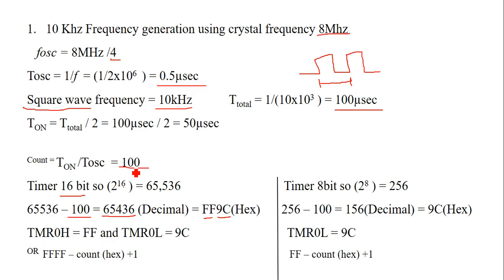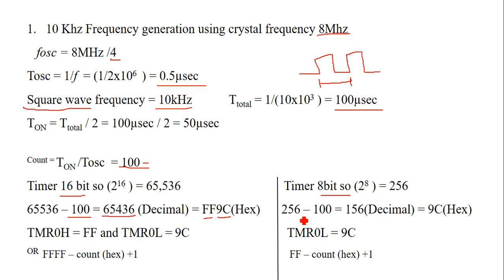If this 100 decimal value is earlier converted into a hex value, the formula will be different: FFFF minus count in hex plus 1. If you go for an 8-bit timer, how many combinations will be there? 2 raised to 8 is equal to 256.